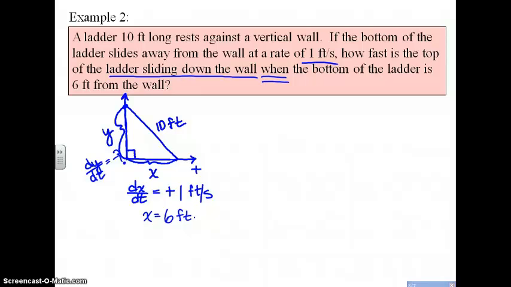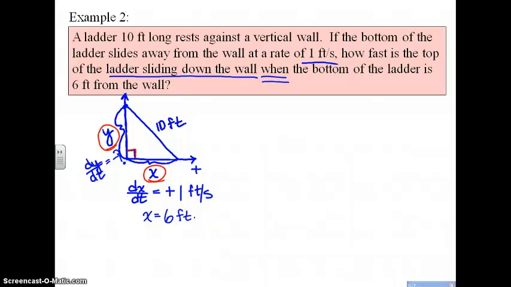Now, the very next thing that I do after I draw myself a picture, label everything appropriately, and come up with good notation is I've got to come up with a relationship between all the variables involved. I need a relationship between x and y. Well, very clearly, I'm in a right triangle.